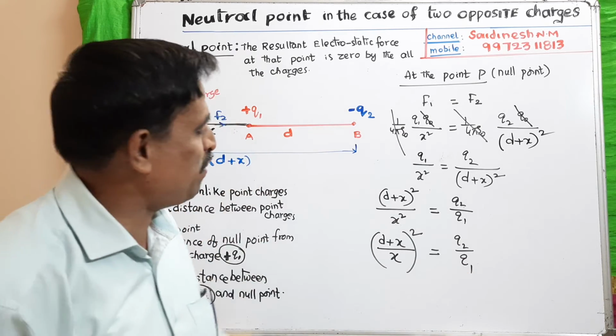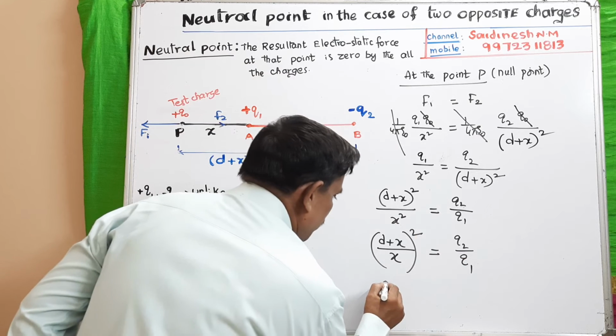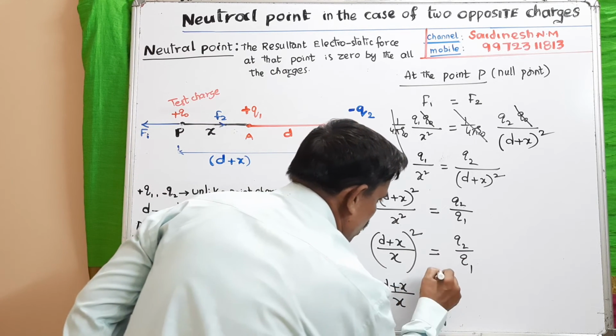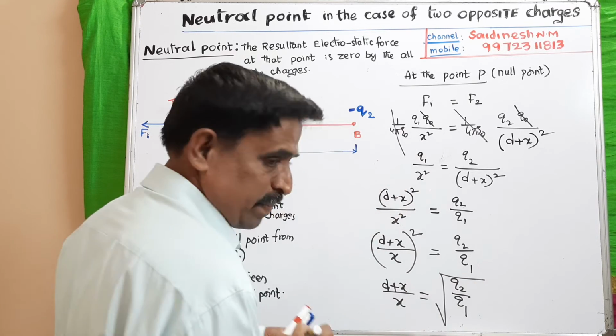If you eliminate the square here, we are getting root. d plus x by x is equal to under root of Q2 by Q1.